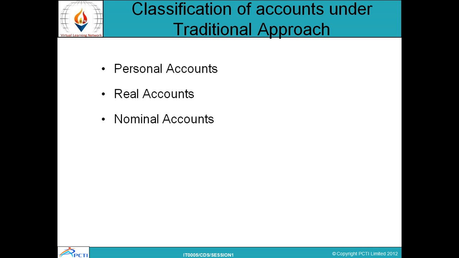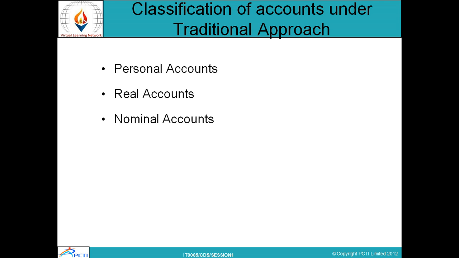Coming to nominal account, it consists of various type of expenses or incomes or loss or profit. For example, nominal account वो account है जो expenses, income या loss or profit टाइप के होते हैं. Those are nominal account. We'll understand in detail about the nominals also.